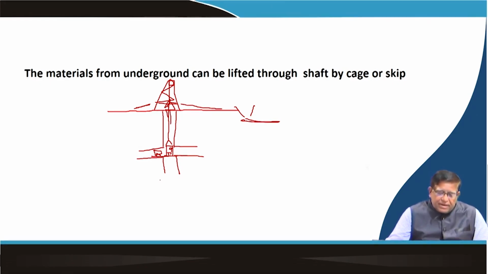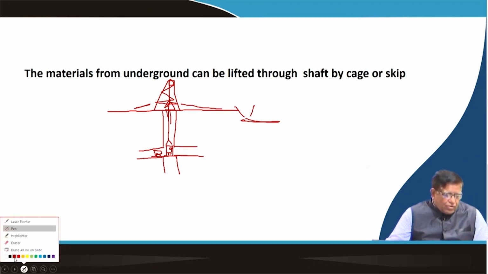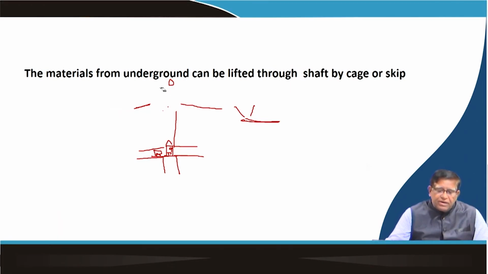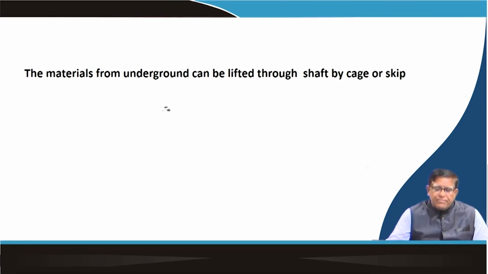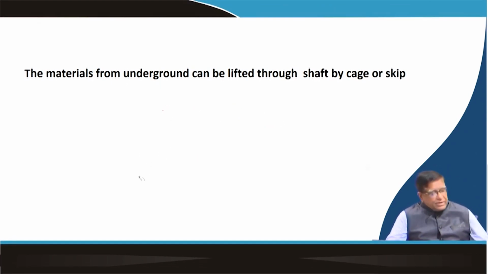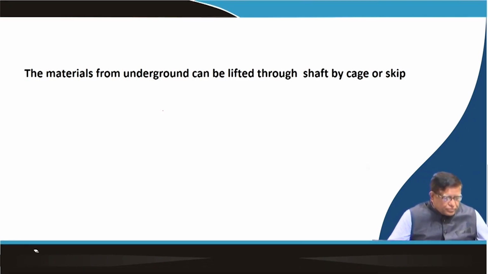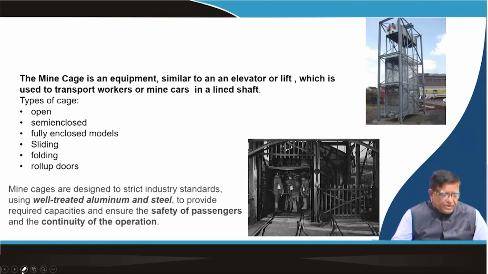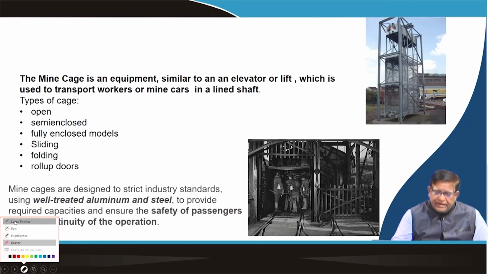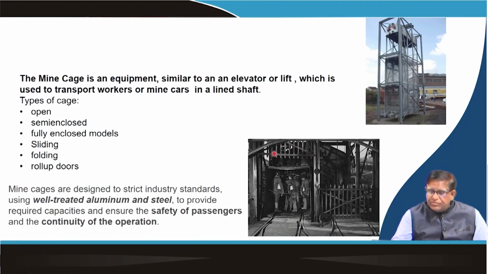Sometimes, instead of this cage there is a skip, which is a container. This container takes the material from underground directly into the skip, and that skip is brought to the top. The mine cage, in this figure which you have seen, can have a number of decks.